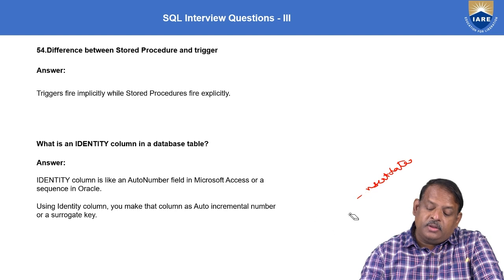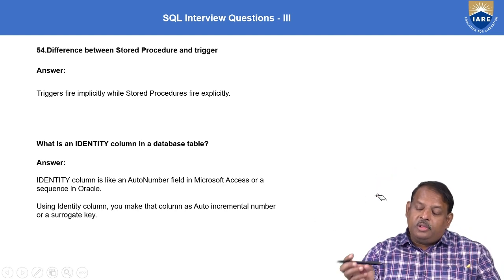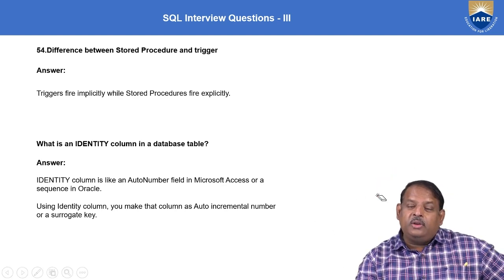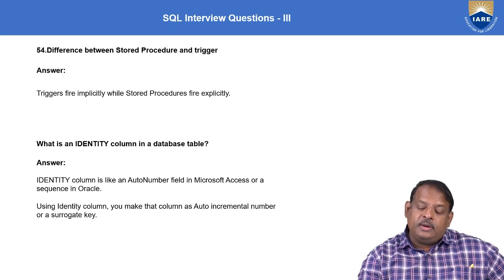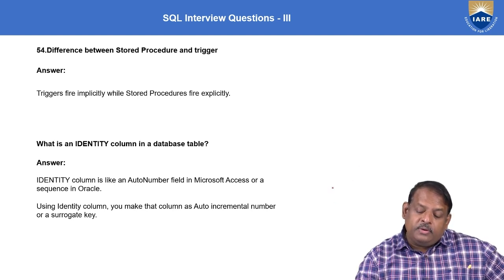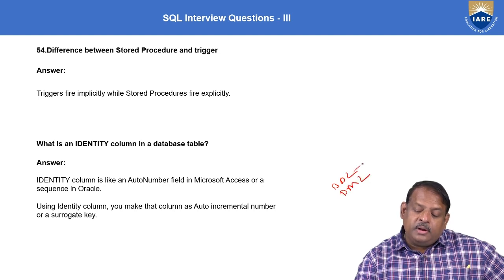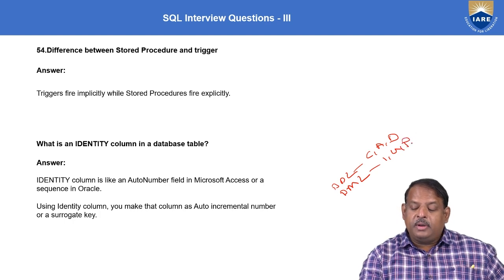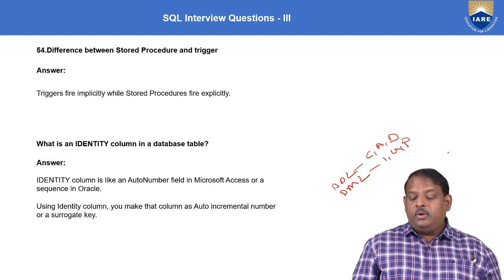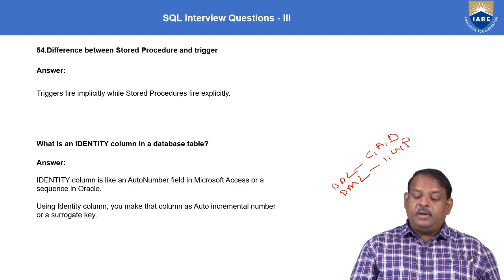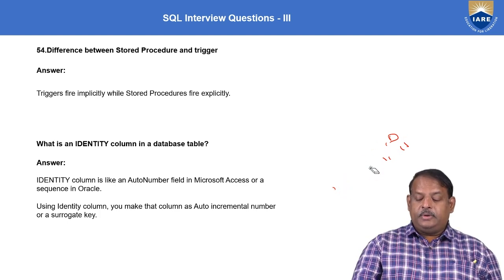But in the case of a trigger, you cannot call it. You have to link your code to an event. That event can be DDL or DML. In DDL we have create, alter, and drop. In the case of DML, we have insert, update, and delete. At any of these events, you can write code, and then your triggers will fire automatically.